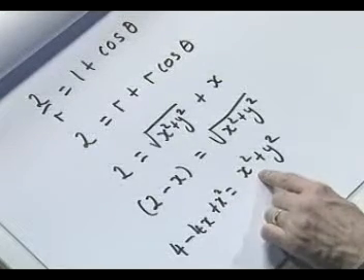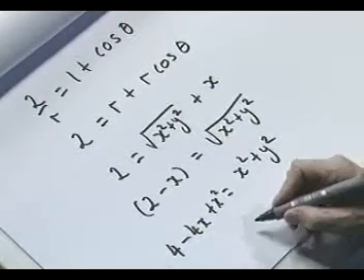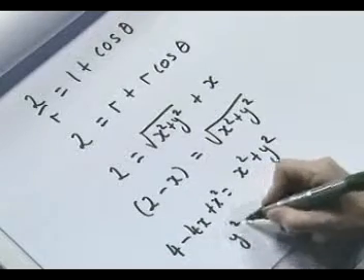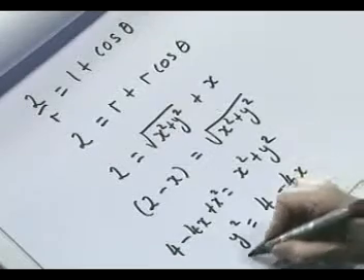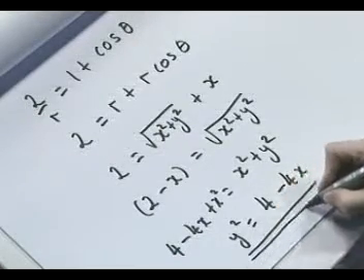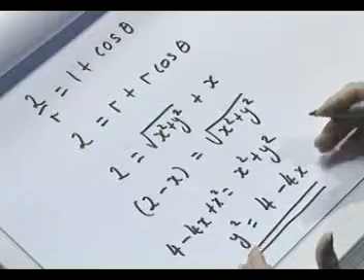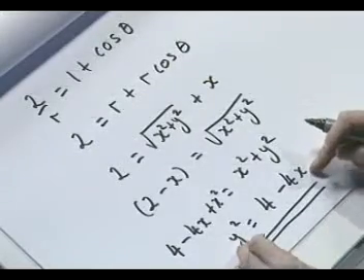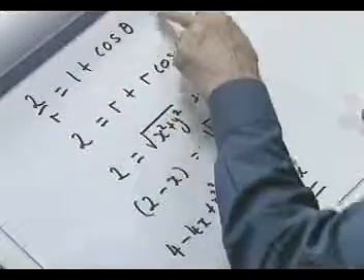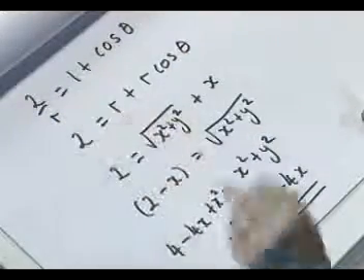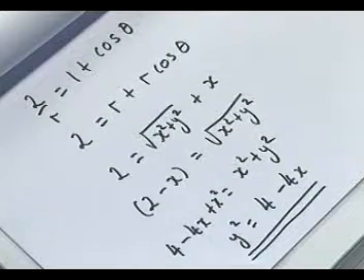So I've got an x squared on each side. That will go out. And so I'm left with y squared is equal to 4 minus 4x. And what you should notice there is that's actually a parabola. So this would seem to be the way in which we define a parabola in polar coordinates.